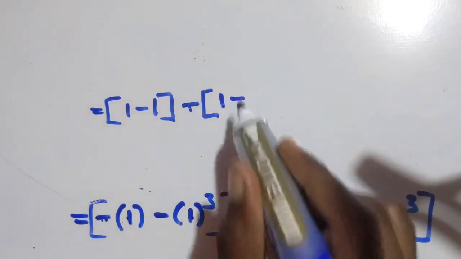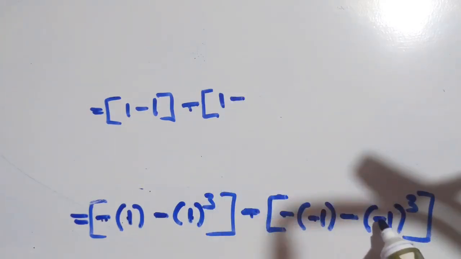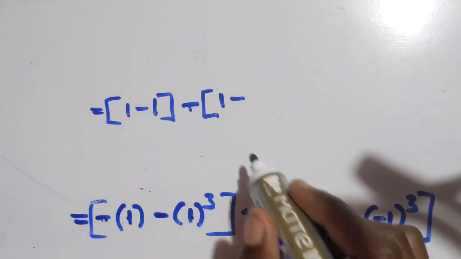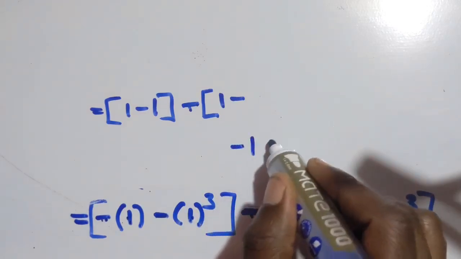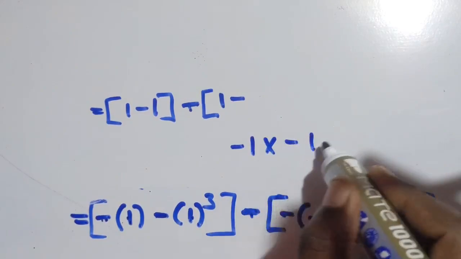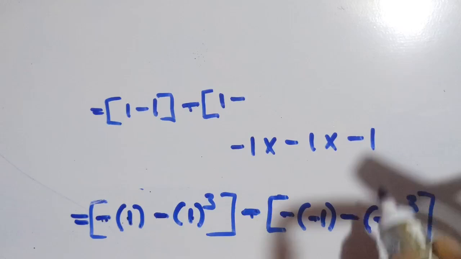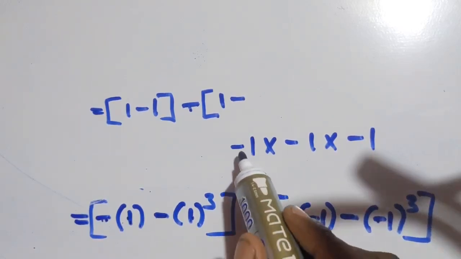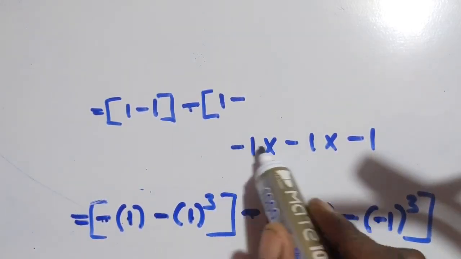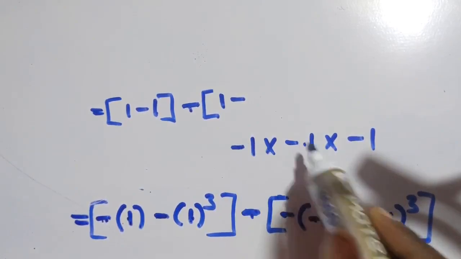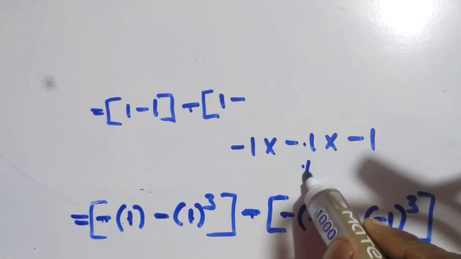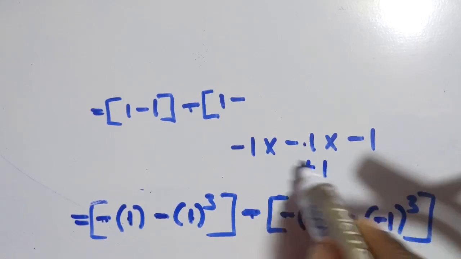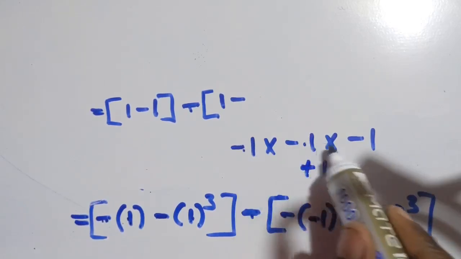Then we put that negative there. Then this is negative 1 to the power 3. So negative 1 to the power 3 actually means negative 1 times negative 1 times negative 1. That is what it means. So negative 1 times negative 1 is just positive 1.